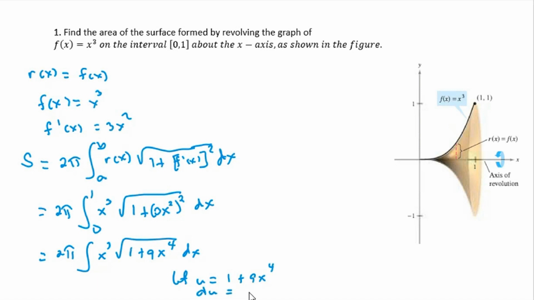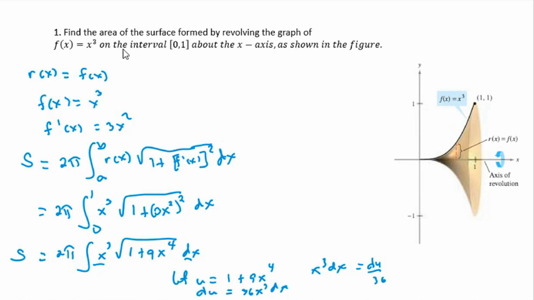Then du gives us 36x cubed dx. On the integrand, we have x cubed dx, which is equal to du over 36.